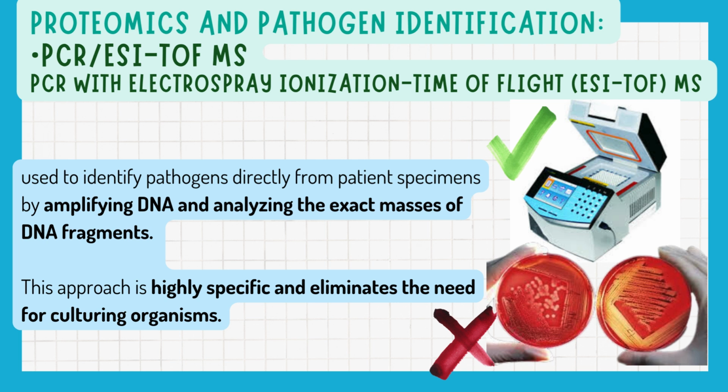It can eliminate the need for culturing organisms. So in the future, the time might come when there's no longer a need for us to do cultures of organisms. Rather, we will just use PCR ESI-TOF, because we can identify pathogens directly from patient specimens with this technique.